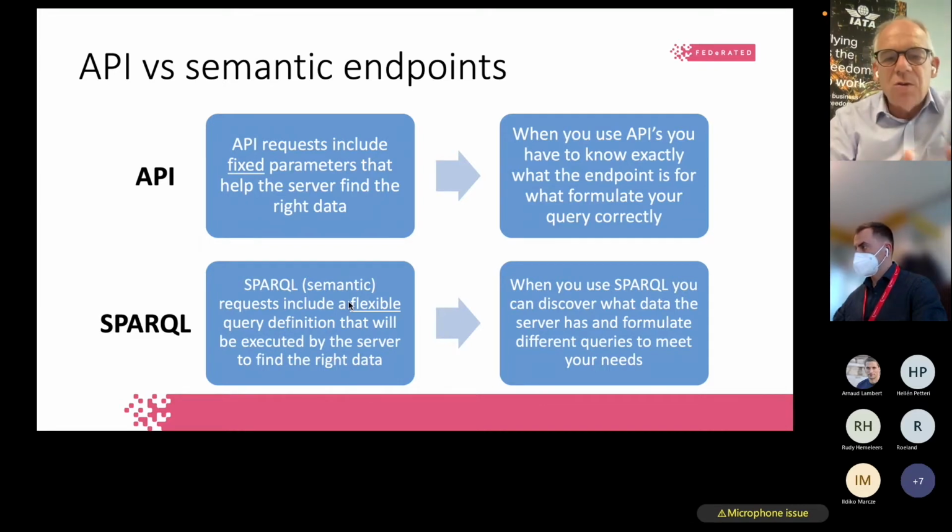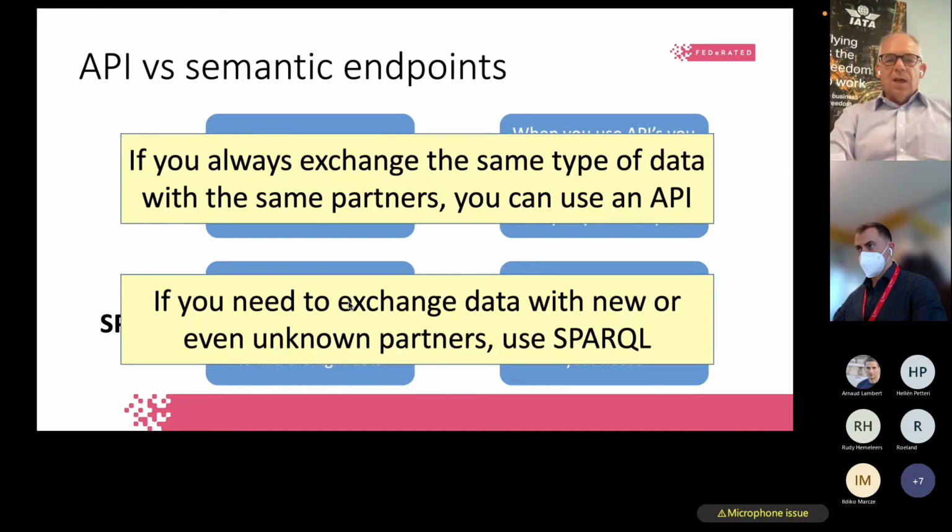And then SPARQL, using semantics, using language, is a nice way to have that conversation via digital means. If you always have the same type of data with your partners, you can, and probably should, use an API. If you need to deal with different data, new questions with perhaps unknown partners, then SPARQL is a great option.